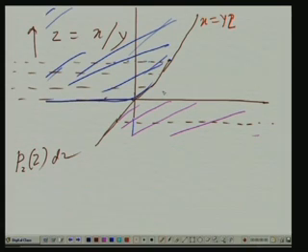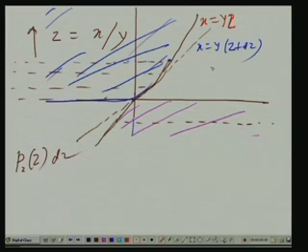What is the relation? What is z after all? Z is x by y, that is x equal to y z. Now, instead of capital Z, I have got another line, that is x equal to y z plus dz.